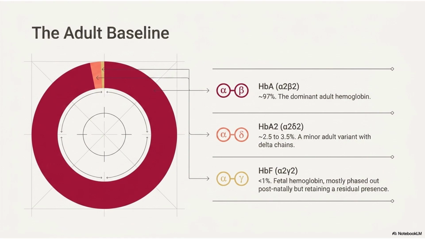So the normal adult bloodstream actually contains a mixture of hemoglobins, with HbA serving as the primary workhorse and HbA2 and HbF making up smaller proportions. But this raises an interesting question. If HbA works so well in adults, why would a fetus rely only on an entirely different form of hemoglobin?